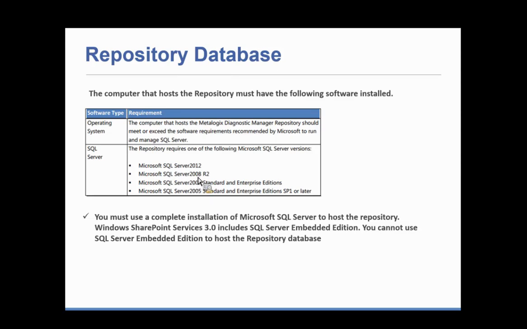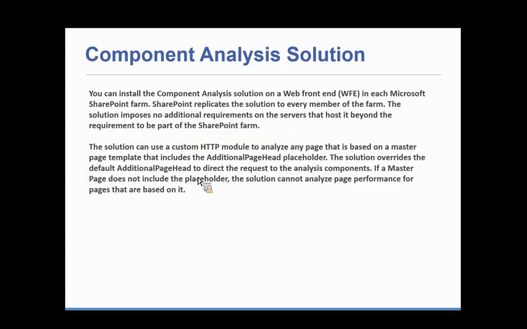Moving right along to the so-called component analysis solution. Now, I mentioned this earlier, and we're going to talk about why this changes the agentless concept, but in general, we can install a component analysis solution on any web front end in each SharePoint farm. So SharePoint takes care of replicating the solution to all the other members of the farm.